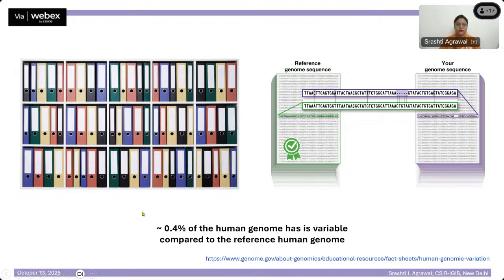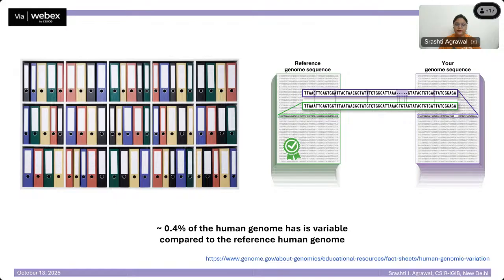Similarly, our genome, which is present in all of us, has different typos available. So these typos are called the genetic variants, and these are compared to a reference genome, which is basically a specific set of nucleotide bases, which is considered the reference. So anything that is read in any of us will be in comparison to this reference genome.